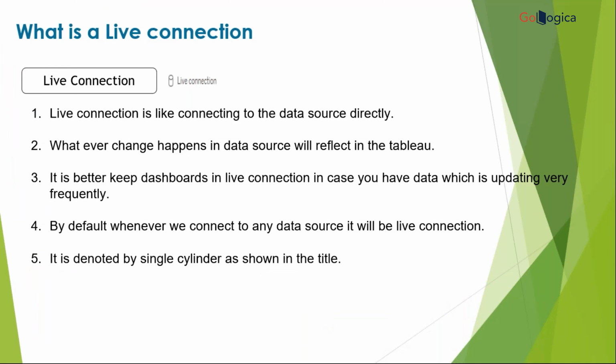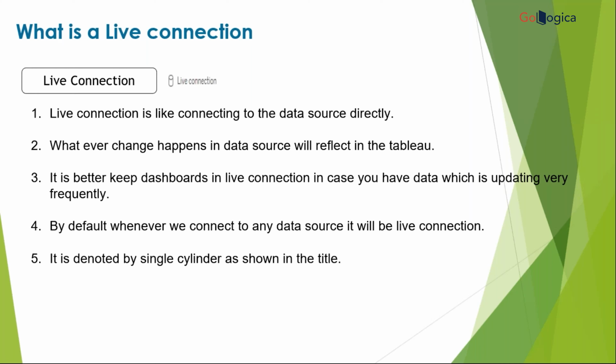Okay. So live connection is like connecting to the data source directly. So whenever some change happens in the backend, it will automatically reflect in Tableau. So it is better to keep dashboards in live connection in case you have data which is updating very frequently. So in case of data, let's say stocks, you want that data to be updated very frequently, in seconds.